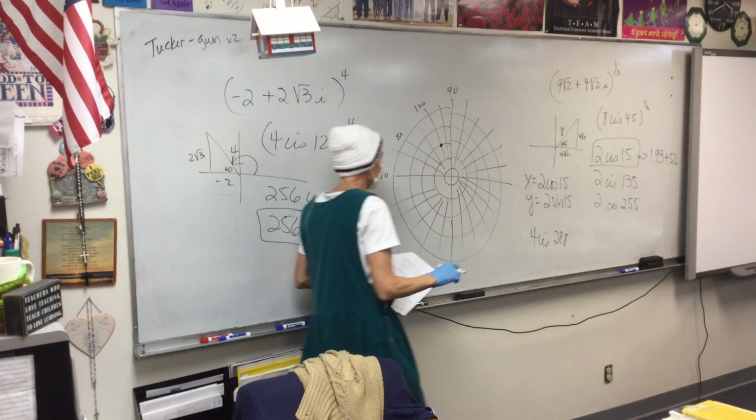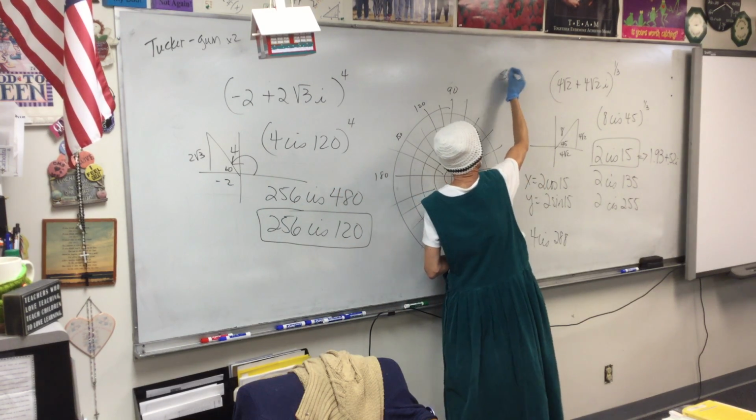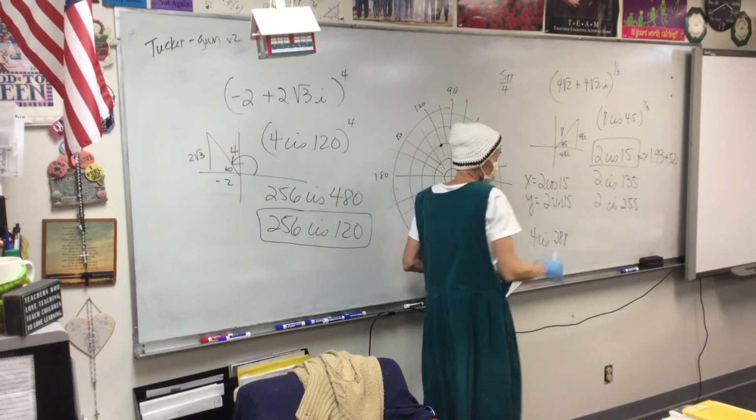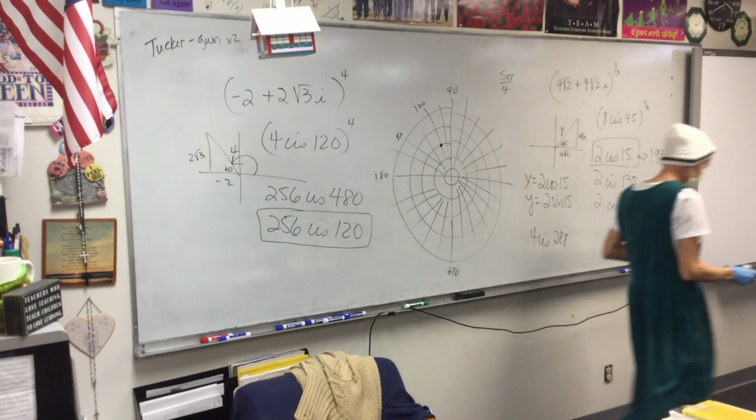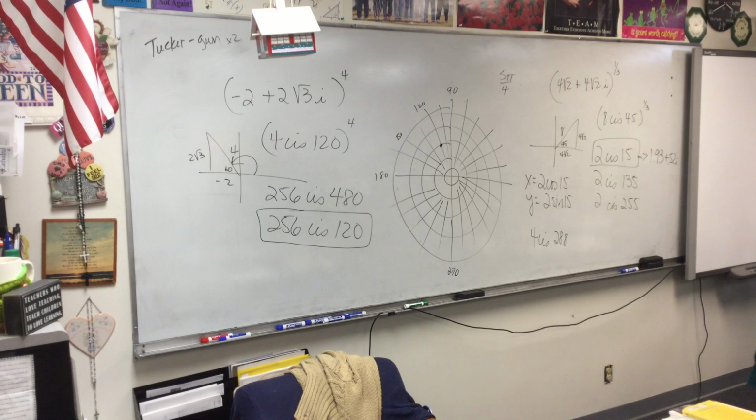4, 5 pi over 4. Well, that one's in radians, but it's equally easy. What might you want to do? Change it to degrees. How do we change it to degrees? What's pi? 180.